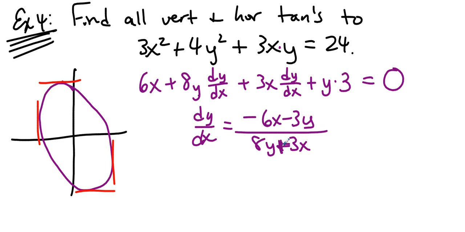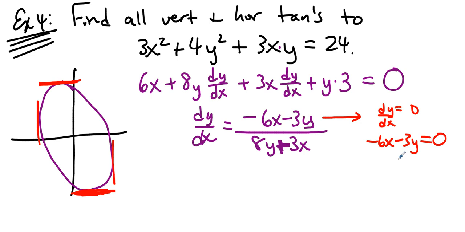So what are we looking for? If we're looking for the horizontal tangents, the horizontal tangents come where dy/dx is 0. That means that negative 6x minus 3y is 0, which means that y is negative 2x. And that sort of makes sense. You can imagine the line y equals negative 2x running right through there, hits here, hits over here.